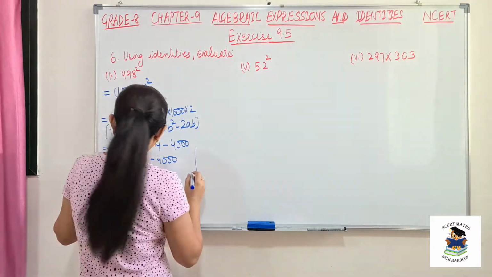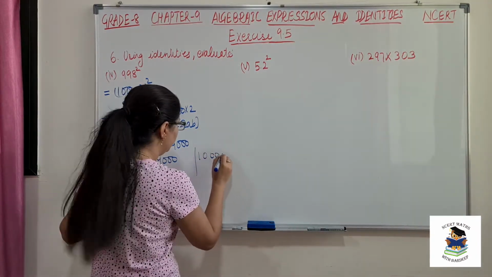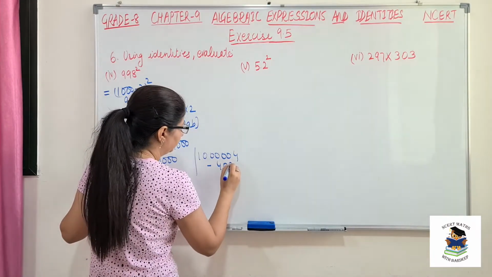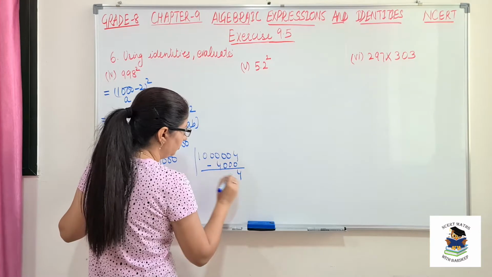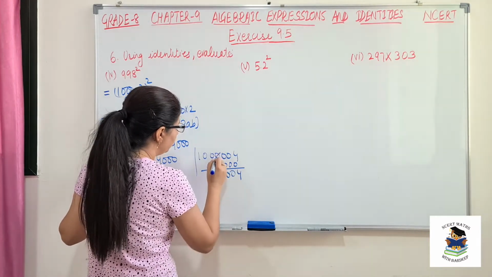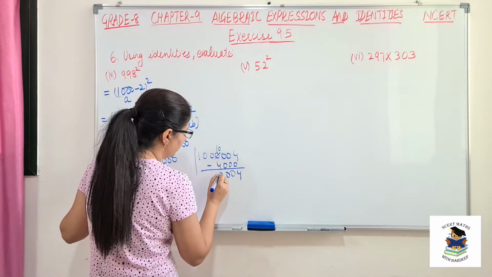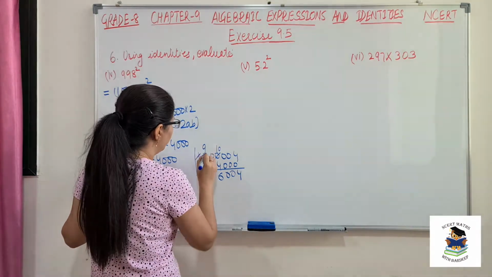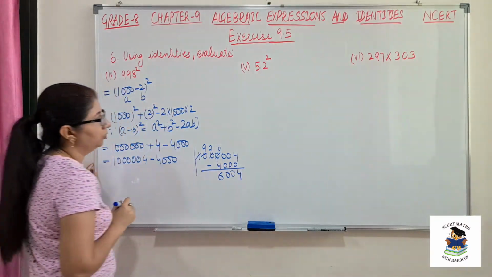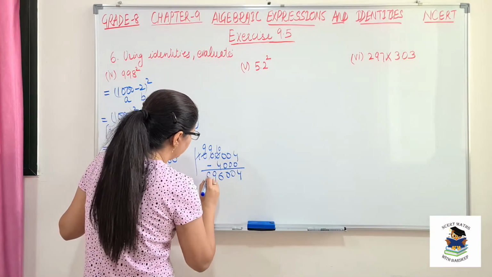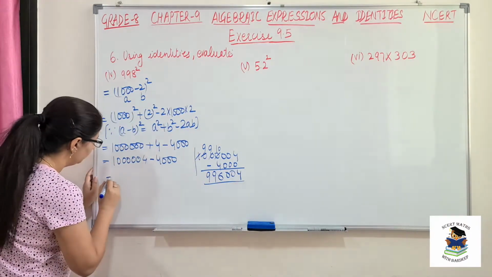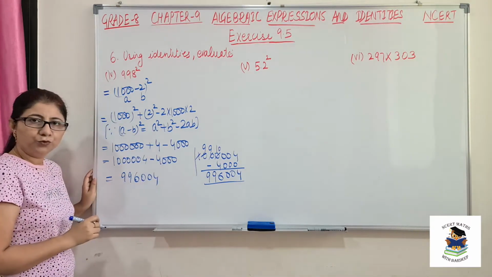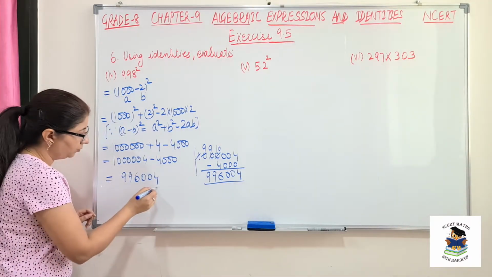Now we will solve it. 1000004 minus 4000. 4 minus 0 is 4. This is 10, 10 minus 4 is 6. But this will go 9. This is also 9. So we will get 996,004. So the answer is 996,004. This is the answer for this part.